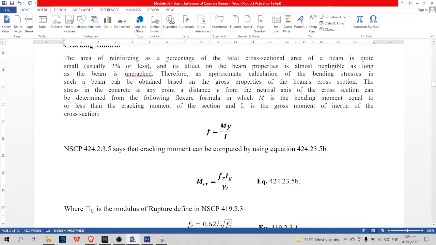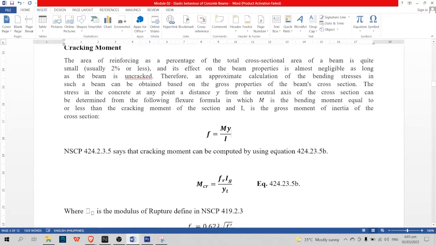So, ulitin ko, its effect on the beam properties is almost negligible as long as the beam is uncracked. Therefore, an approximate calculation of the bending stress in such a beam can be obtained based on the gross properties of the beam cross-section.